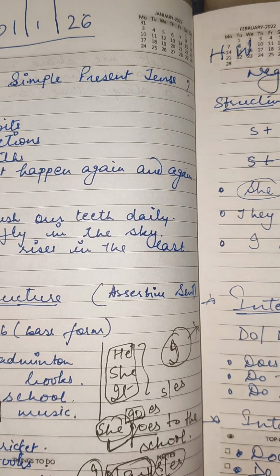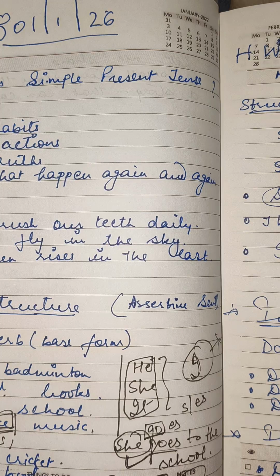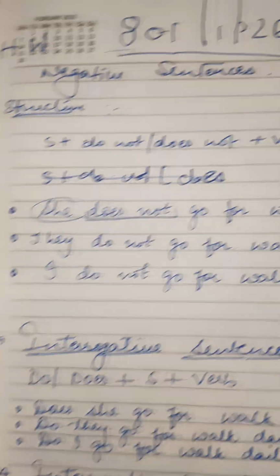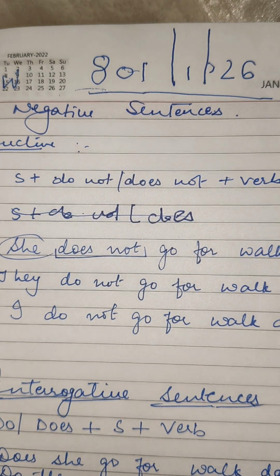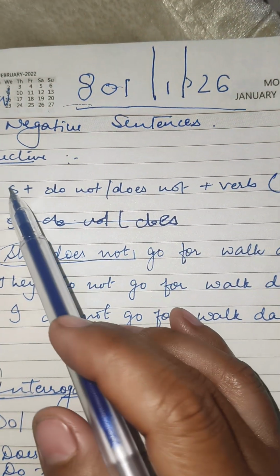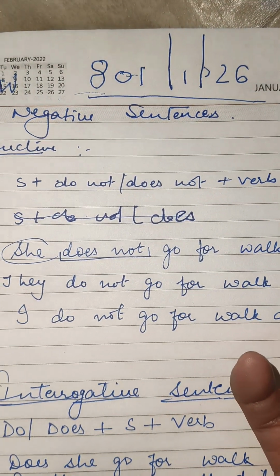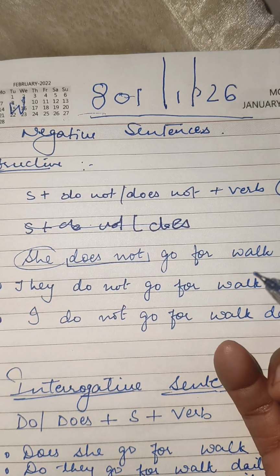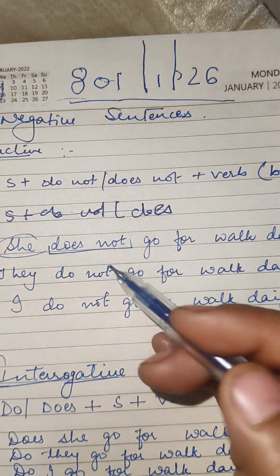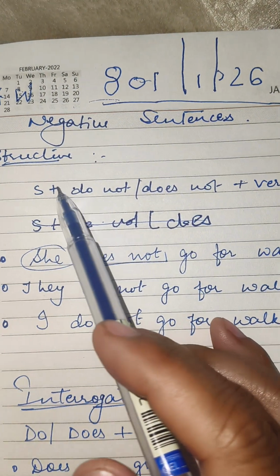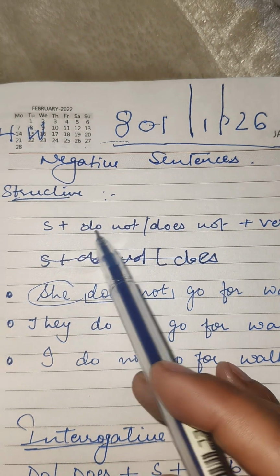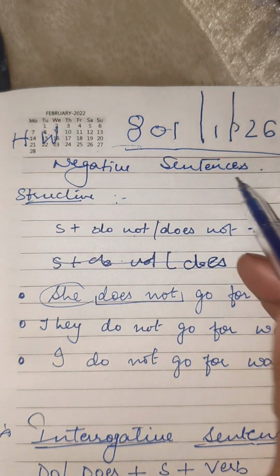So now we are going to discuss how to frame negative sentences. Here is the sentence structure for framing negative sentences in simple present tense. First of all, we have to use the subject, then do not or does not.